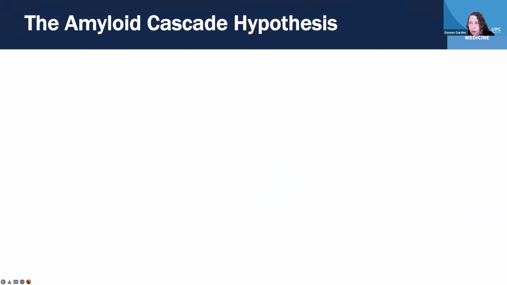So, those autosomal dominant forms of Alzheimer's disease really have led the field to what has been the dominant consensus hypothesis for really my entire career in neurology, and that we call the amyloid cascade hypothesis.